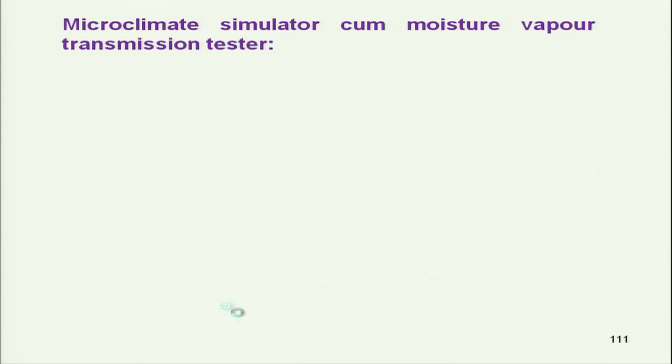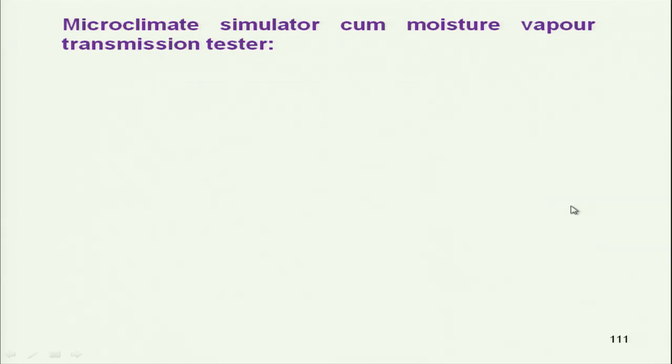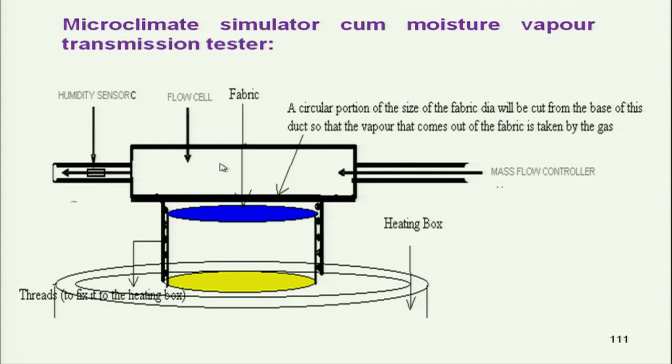This is the water source, and from there water vapor will move, and here air is blowing. Depending on the fabric type, we can calculate the condition of the microclimate. This also shows the moisture vapor transmission characteristics of fabric.